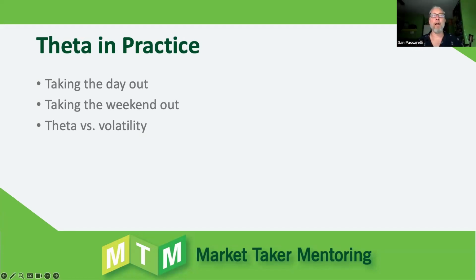But if it doesn't move enough, what the market makers will do is they'll just say, this doesn't look like it's going to work out. I'm going to sell these options now. How do I do that? Well, I'm just going to move the day ahead on my computer so that all my options become worth less by the amount of the theta, meaning their offers are lower than their competitors.